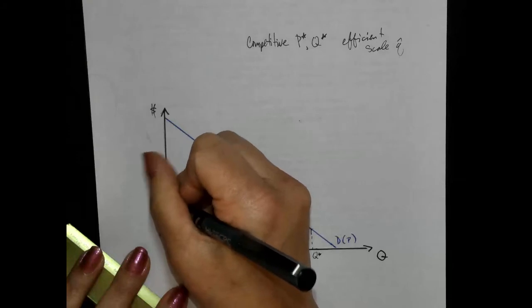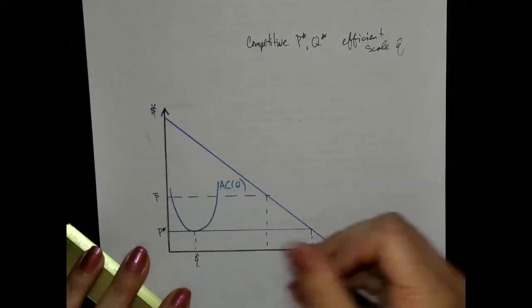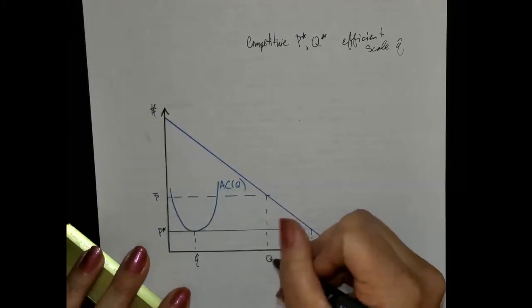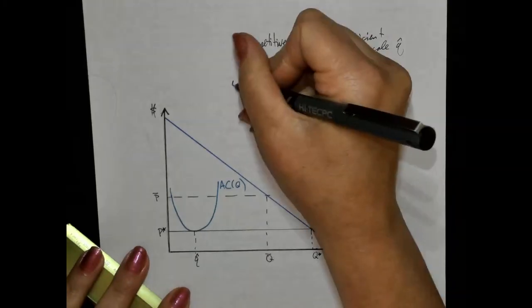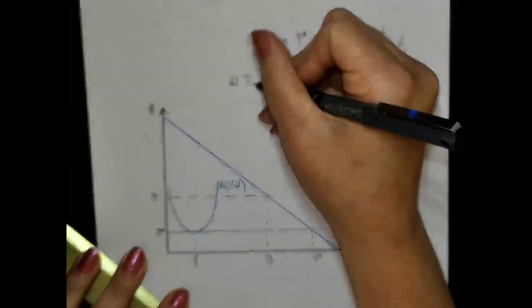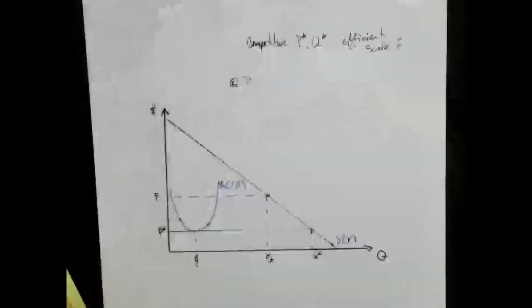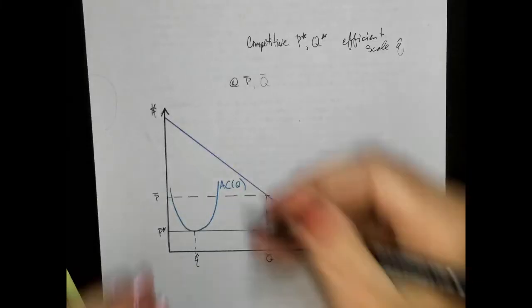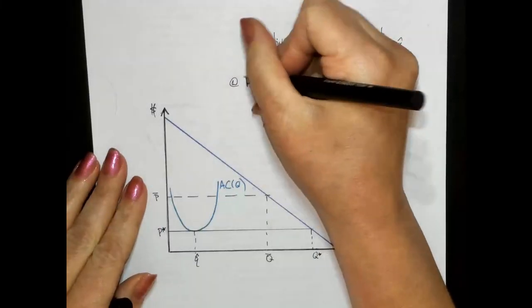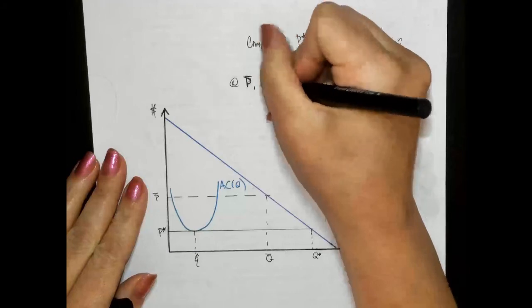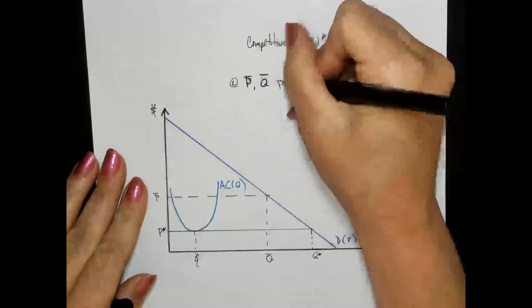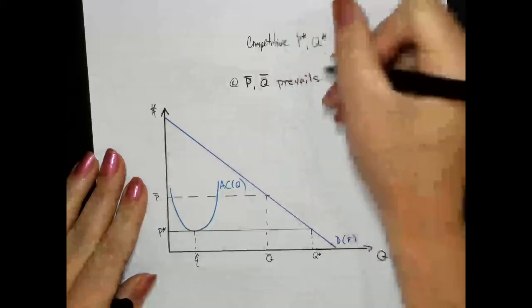If I have a regulation set at P bar, I'm going to see a quantity Q bar prevail. That's just saying that if prices are regulated higher than the competitive equilibrium, quantity is going to go down, right?